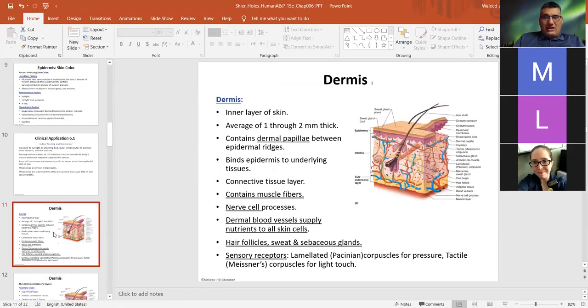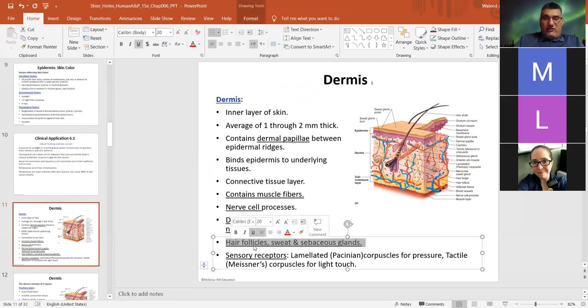The dermis is the next one, and this one contains muscle fibers, contains branches of the blood vessels, but this is definitely the location of the hair follicle, and the follicle is the root. The root is located inside this follicle. Sweat glands and sebaceous glands are also located there. Sweat glands secrete the sweat itself, which is this salty, watery secretion.